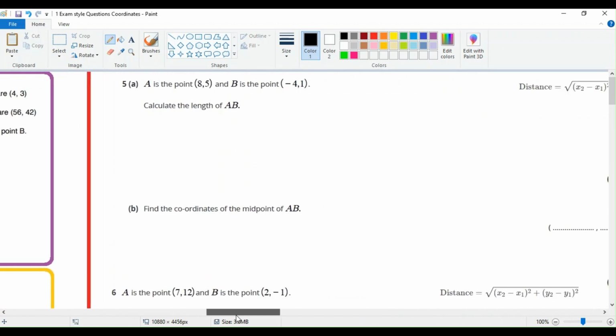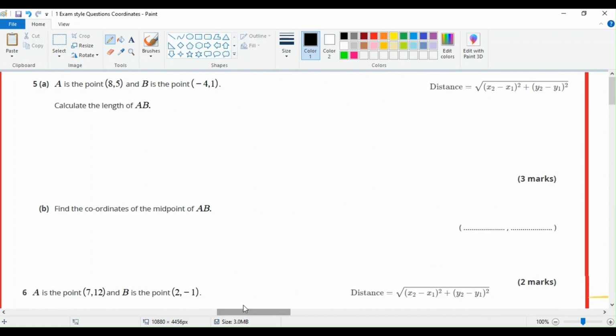Now when it comes to question number 5, it says A is the point. In here we need to find out the length. The same formula we are going to be using. Once again I'm doing the same type of question here. We have 8 and 5, and we have negative 4 and 1. This is x1 y1, this is x2 and y2.